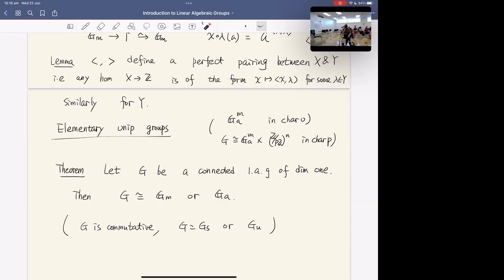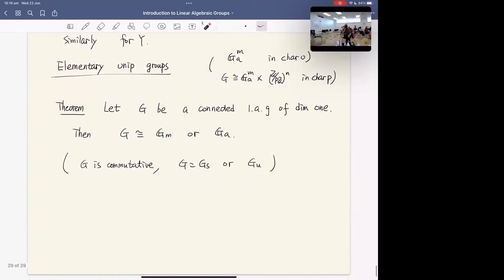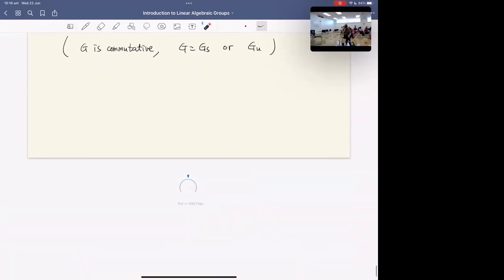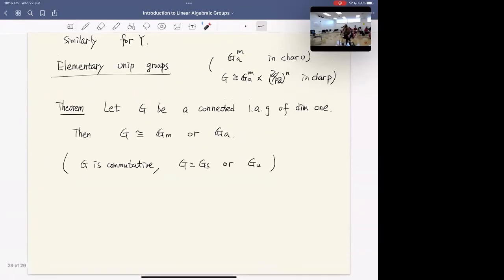But in characteristic p, even this theorem is quite non-trivial. As I said, if you are interested, please look at the book. There are also several different proofs.